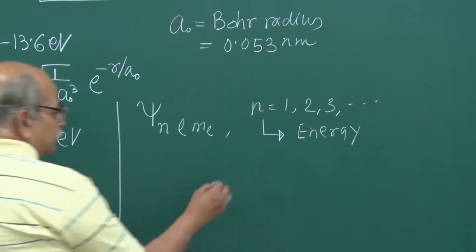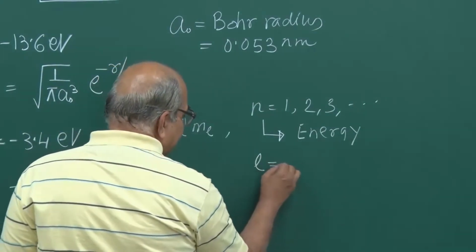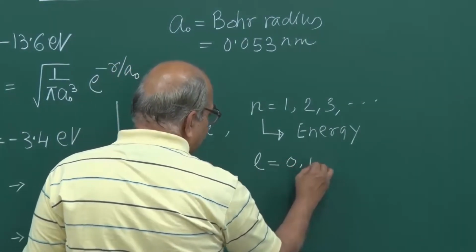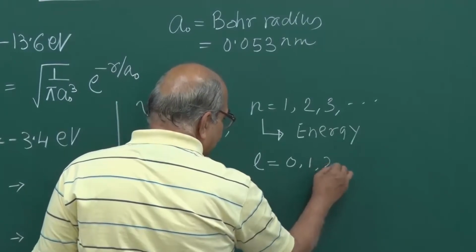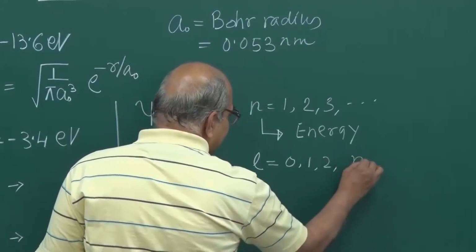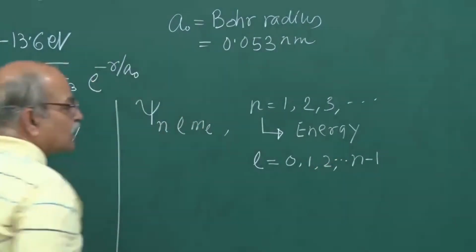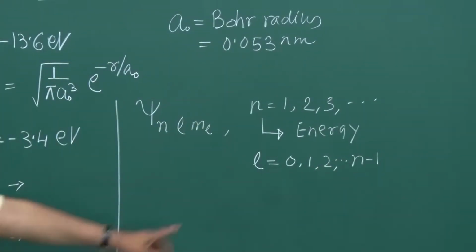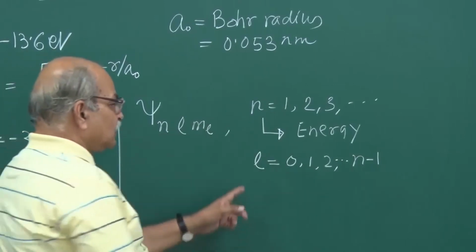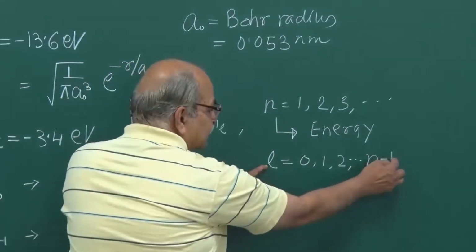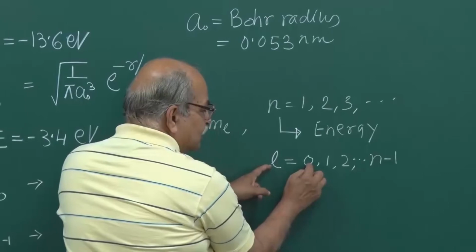And then this L can take value 0 and onwards 1, 2, and it should end at n minus 1. So if n is equal to 1, then n minus 1 is 0, so it should end here itself.